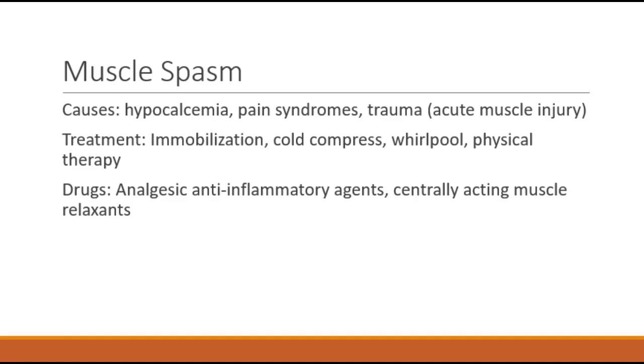Cold compresses might be used early on to decrease inflammation and decrease transmission of pain signals, using ice or cold compresses. Whirlpool can be used to relax tightened muscles to loosen them up. And then physical therapy might be used to stretch gradually, passive or active exercise, so that you're getting help with relaxing the muscles again.